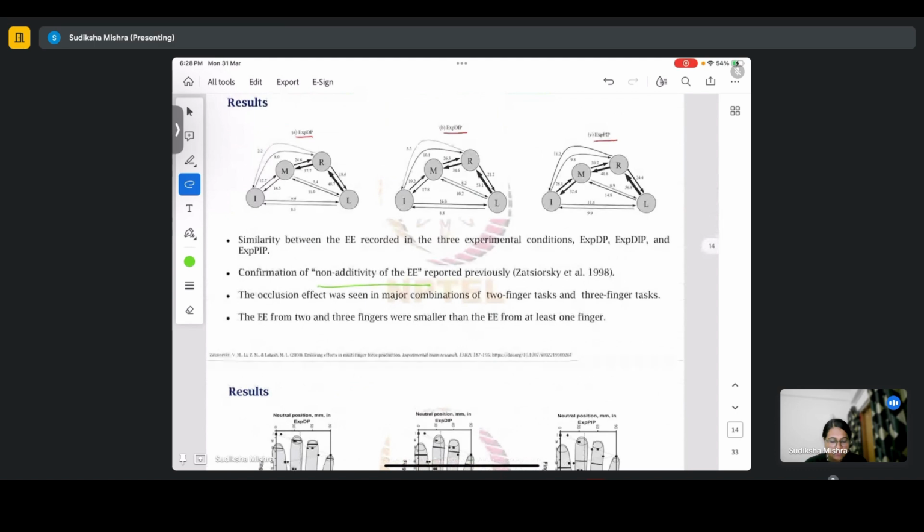The second paper also confirmed the presence of the occlusion effect, which was seen in two finger and three finger tasks, which is essentially that the enslavement effects produced was less in these conditions than in a single finger task. And it was also observed that the enslavement effect in two finger and three finger conditions were smaller than the enslavement effect in at least one of the fingers.